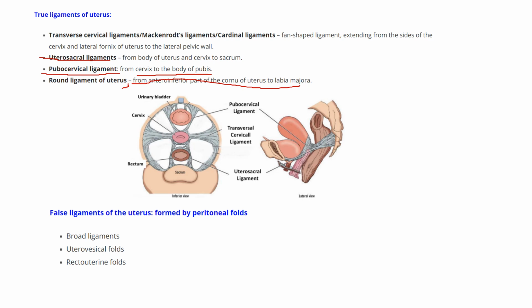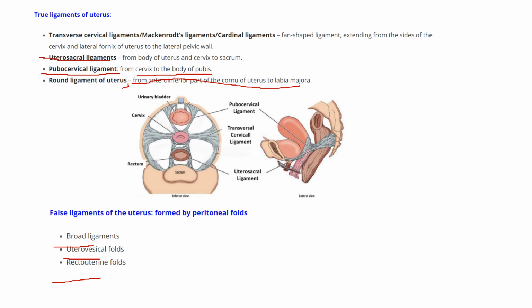And false ligaments of the uterus are formed by peritoneal folds. Now, why do we call these false ligaments? Because these are not really ligaments. They are the broad ligament, uterovesical fold, and rectovesical fold. The broad ligament is not basically a ligament.